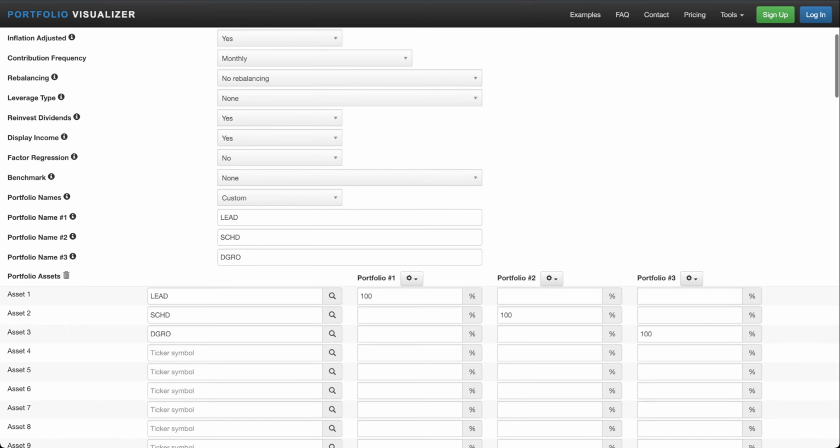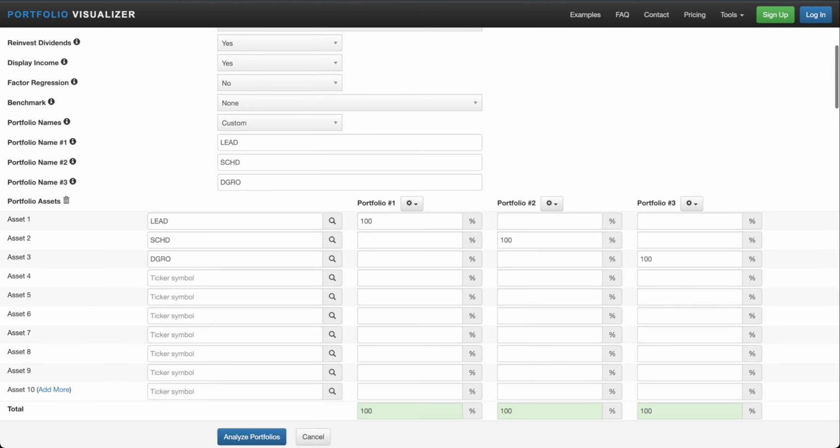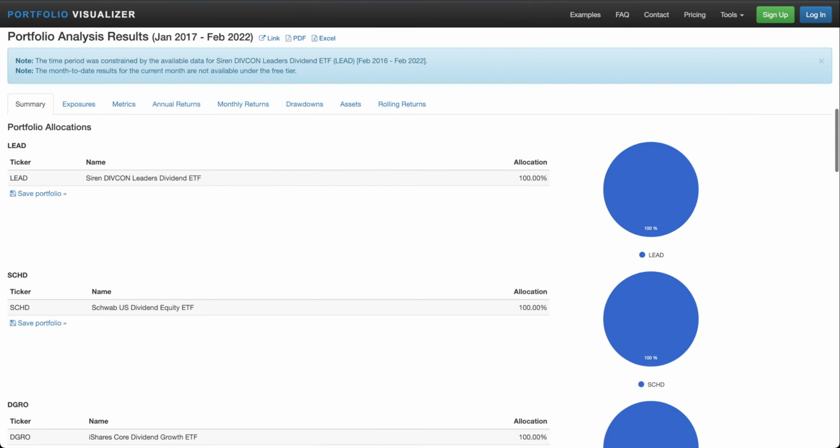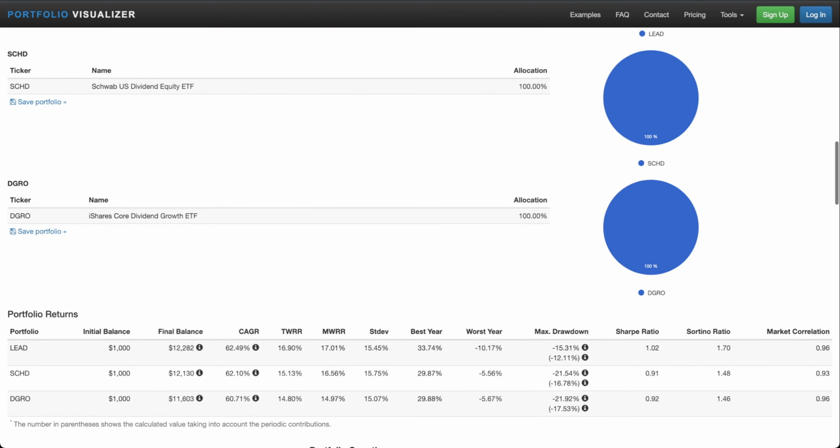For the first round of tests, I have considered LEAD against SCHD and DGRO as other portfolios. When we click on Analyze, we can see the results for the last 5 years from Jan 2017 onwards. And for the portfolio returns, the LEAD ETF edges out both SCHD and DGRO.